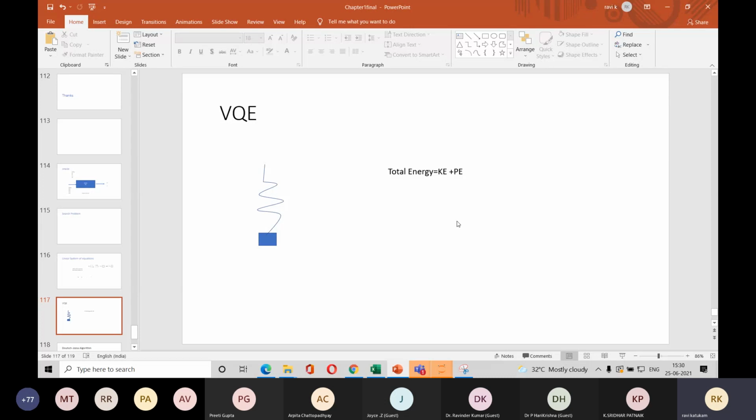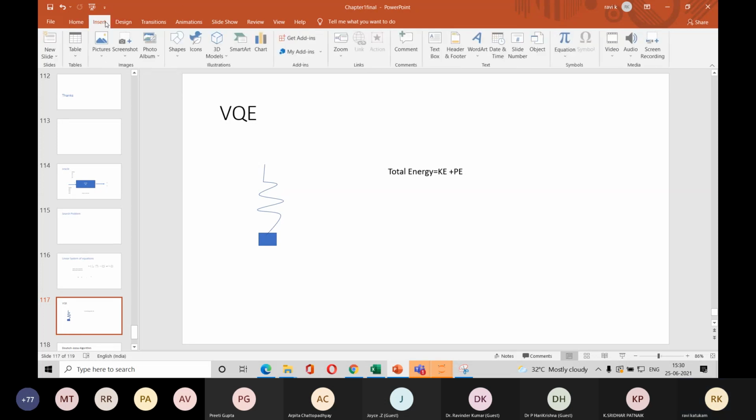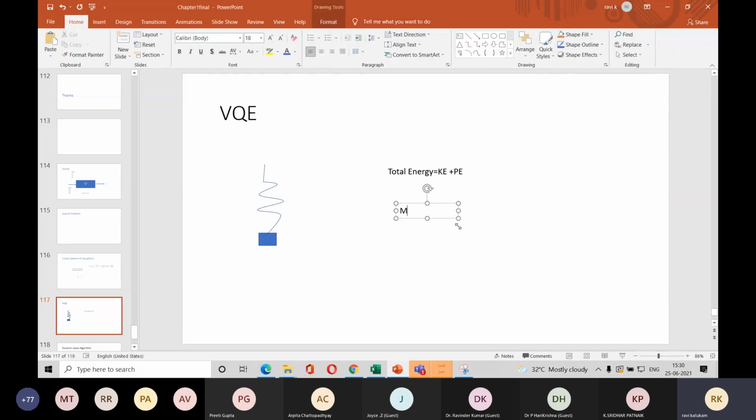So if you understand this clearly, there is one minimal energy state. Okay, what is that? There is something called minimal energy state. I'm just trying to connect this physics relation with the VQE solver.